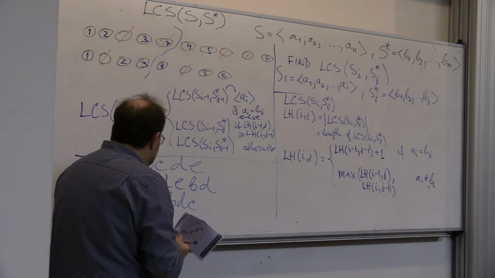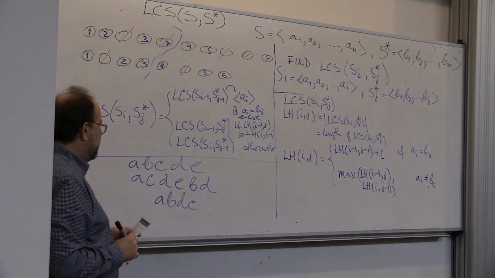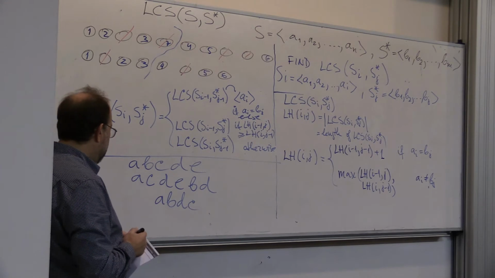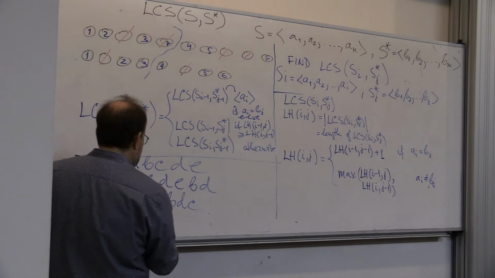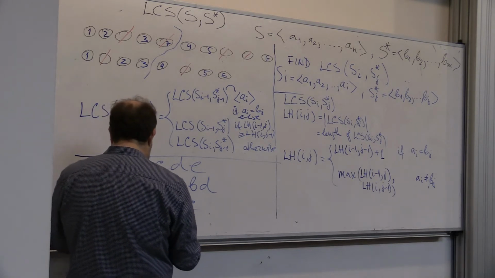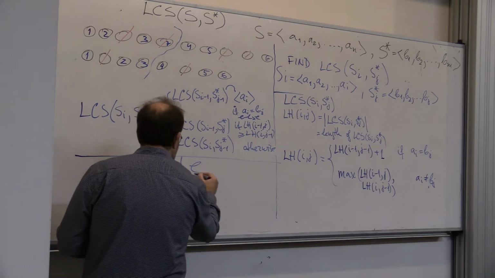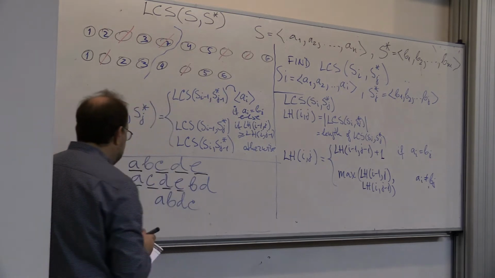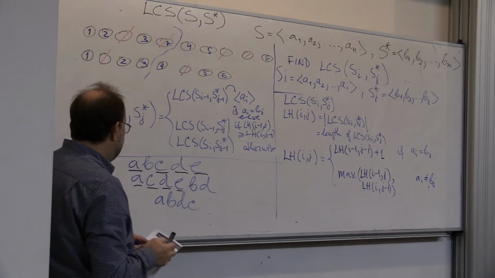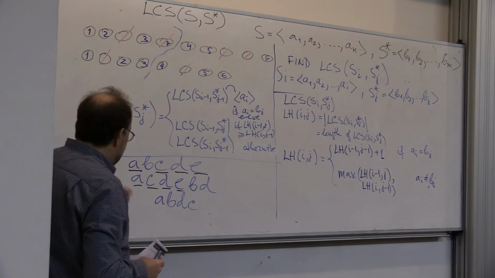If I find the longest common subsequence for the first two, what is it? It is ACDE, right? It's of length 4. It's easy to see that you cannot do better than that.